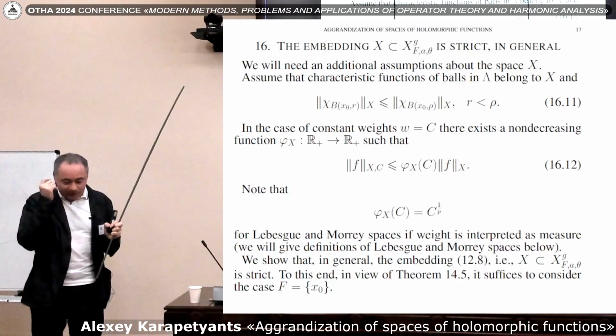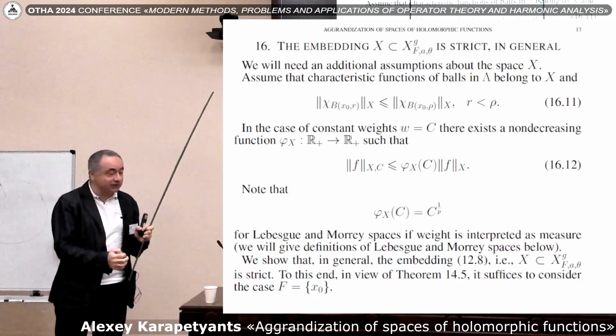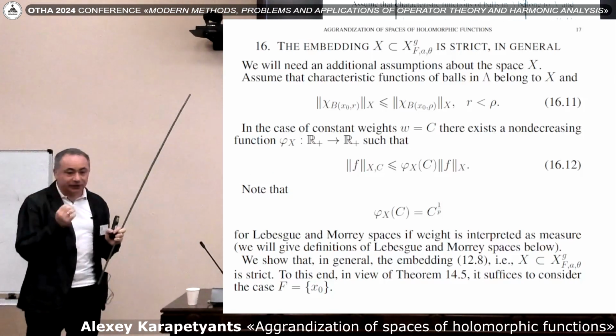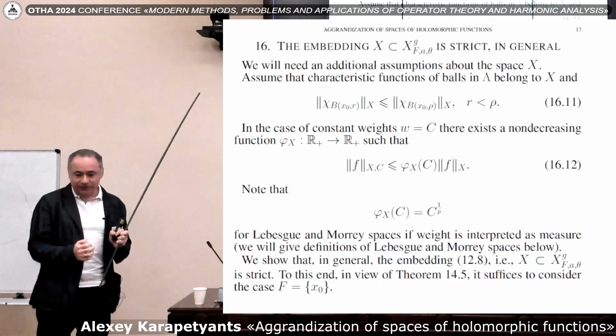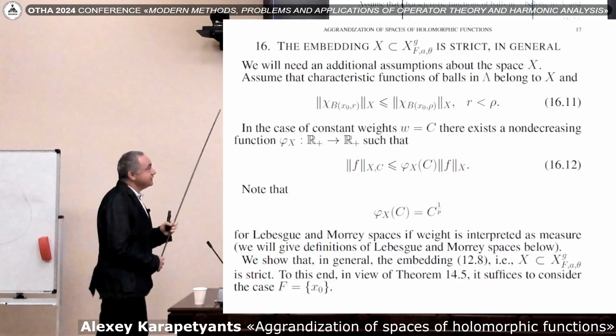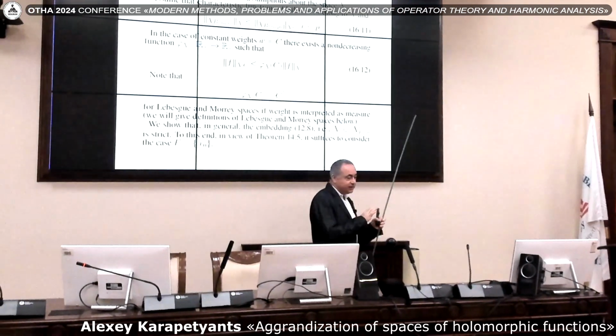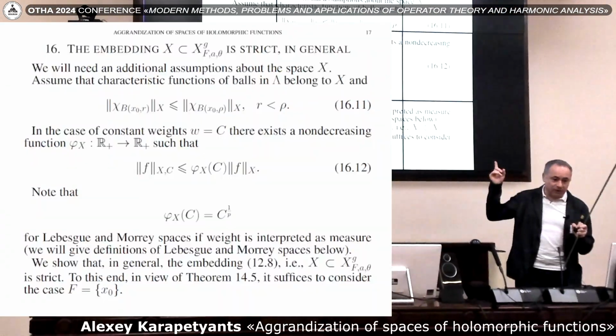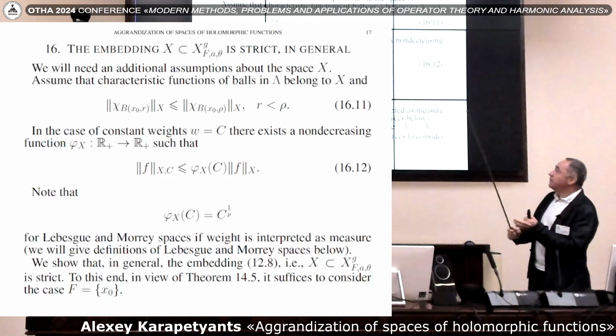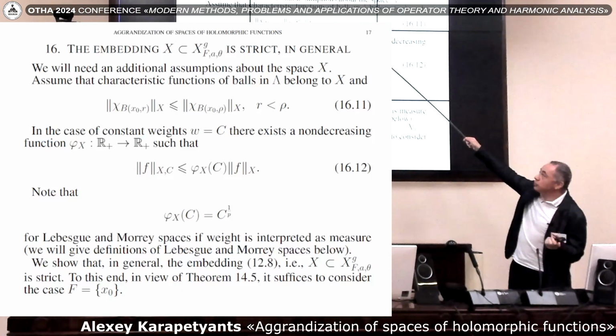Now, maybe the first question should be whether this inclusion is strict, whether this is a real aggrandized space. And we have an example, but we need additional conditions. You see, before that, I didn't impose any condition except one very mild condition. But now I have to impose this, of course, natural condition.